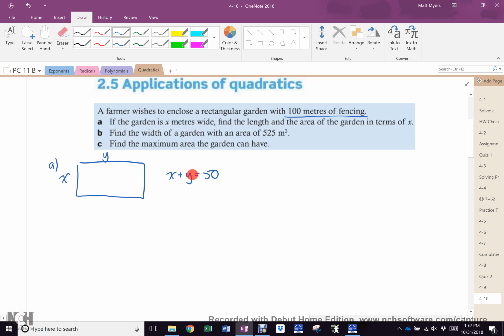This tells us a bunch of information, doesn't it? What is one thing we can do with this? Solve it how? There's two unknowns. Read the question, because that tells you what to do.